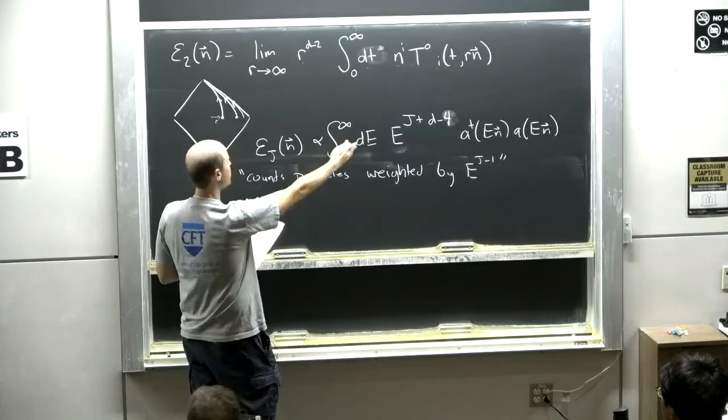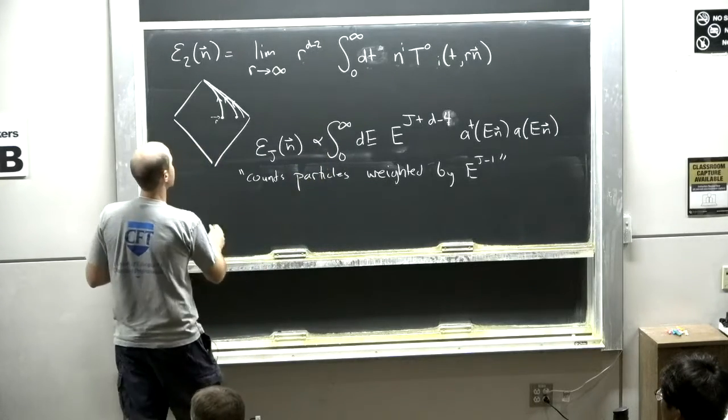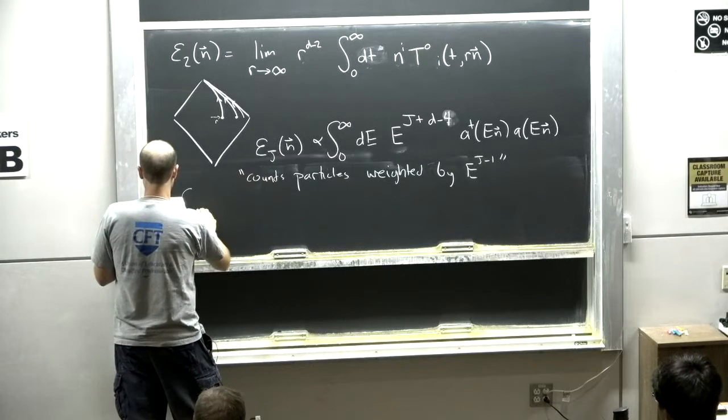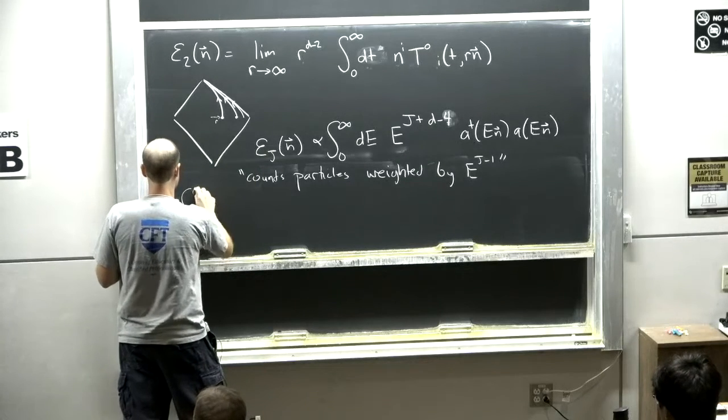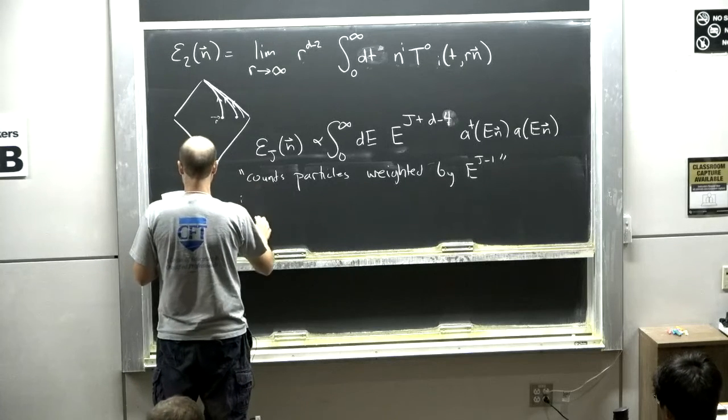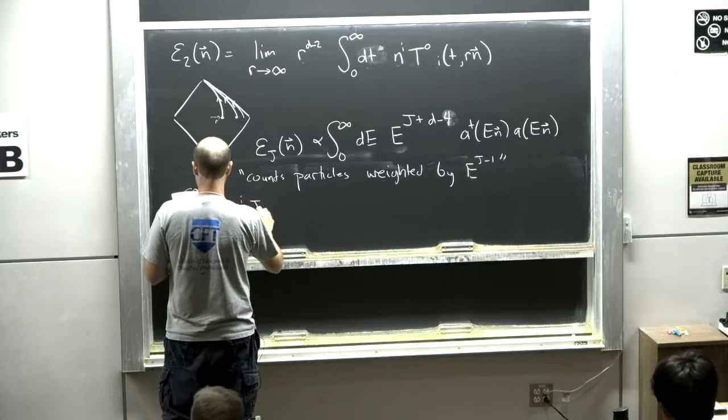Another definition of this operator is as an integral, analogous to this one, of a different local operator along future null infinity, which is a spin j current.